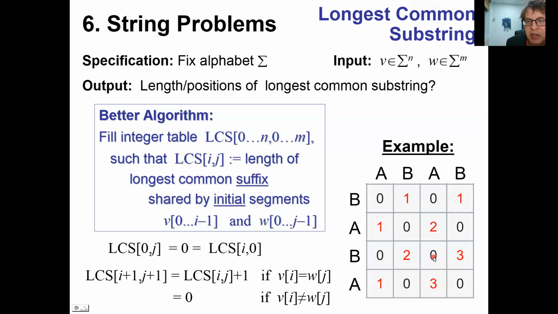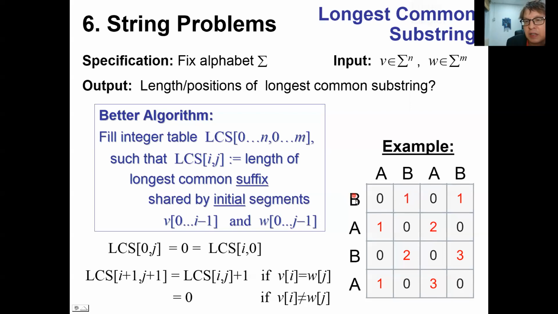We see that happening here in the table, right? So let's look at that. For example, this entry here: the last characters in this suffix, BAB and ABA, disagree. Therefore, they don't share any common suffix. That must be 0. Whereas this entry here, entry 2, is based on the observation that we already have an entry 1 here.